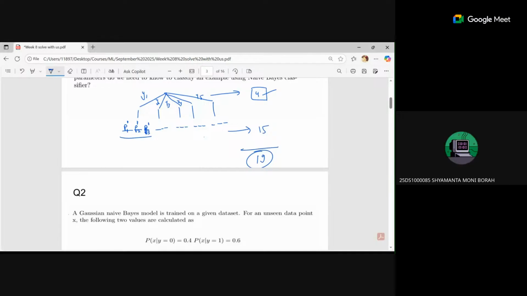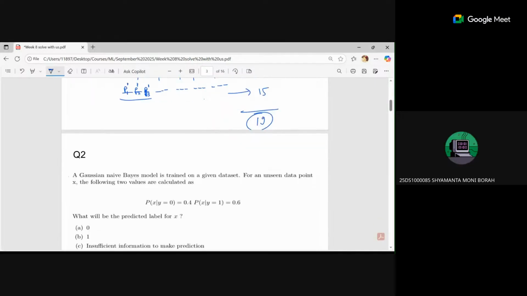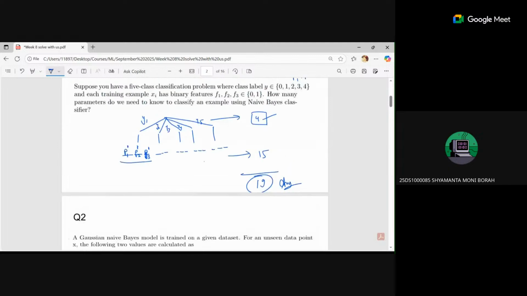I just have one small query. Since you mentioned we are considering P1 1, why are we not looking at P1 0 or P2 0 and P3 0? I just said you can do that. Since we have Y to be 0, 1, 2, 3, 4, for 0 it is going to be P1 0, P2 0, and P3 0.